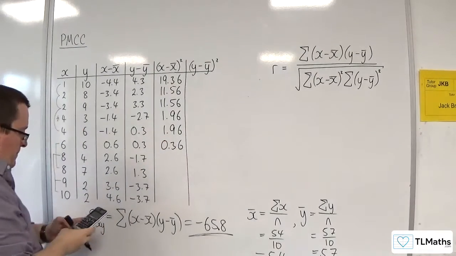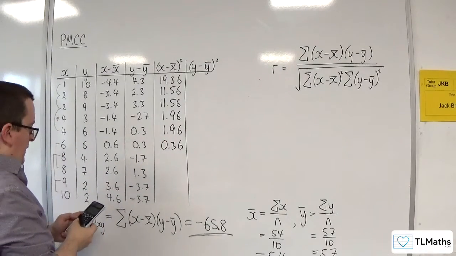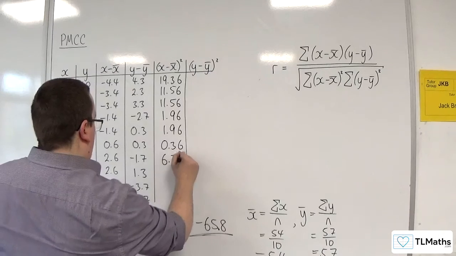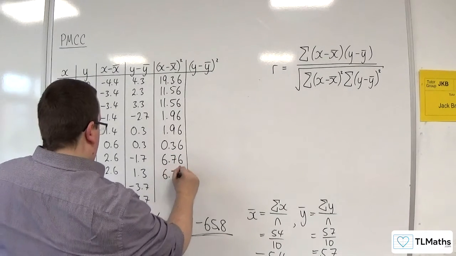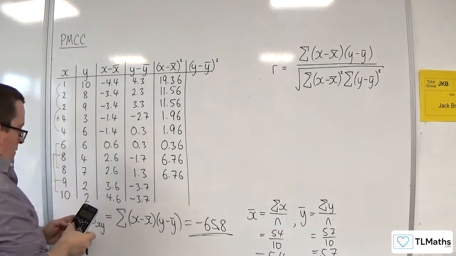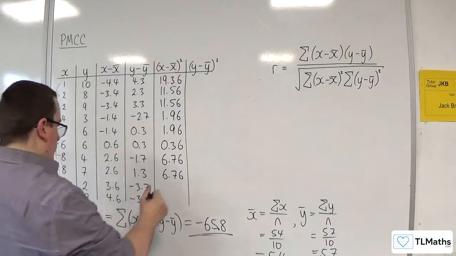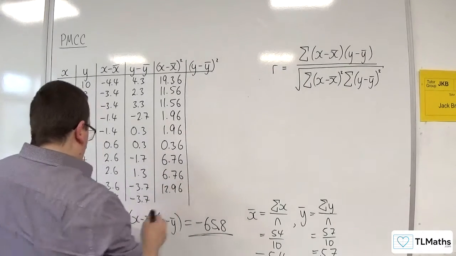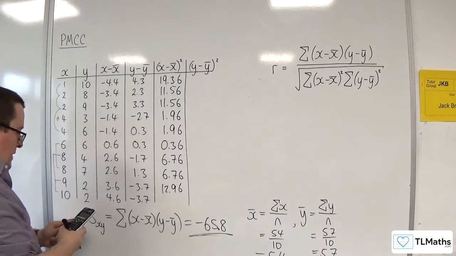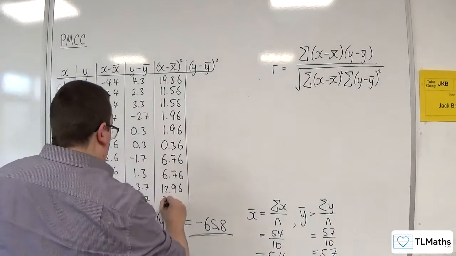Should have been able to do that one. 2.6 squared is 6.76, 6.76, 12.96, and 4.6 squared is 21.16.